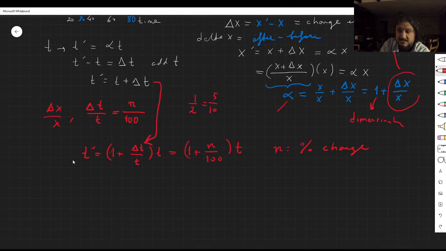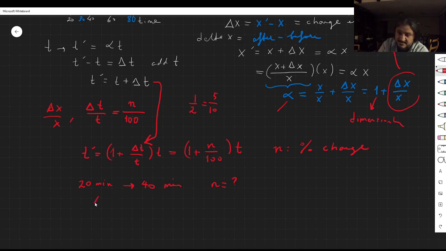In our case, you go from 20 minutes to what? 40 minutes. How much is the change? What percent is the change? All right. It's not 2%. 2 is the factor. Remember, 2 is the factor that lets you go from 20 to 40. But when you talk about n, I called it n. You can call it m, anything you like. We're talking about the percent change. So the change is 40 minus 20, 20, right?